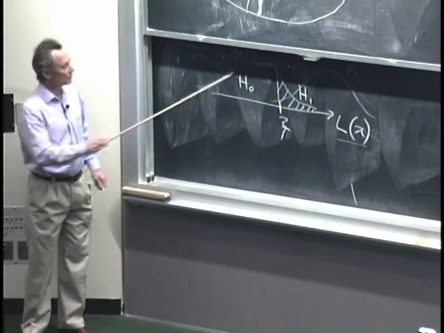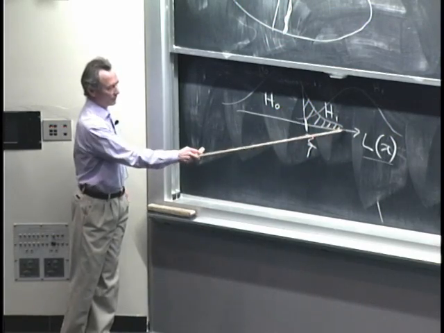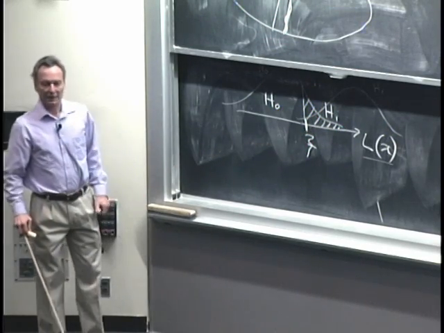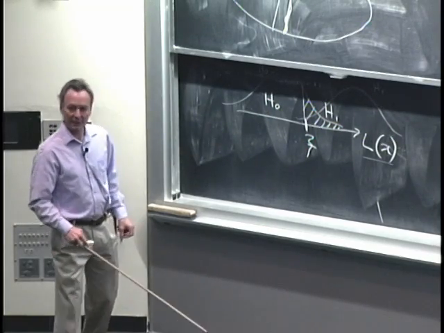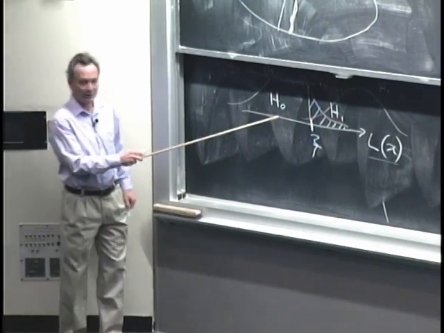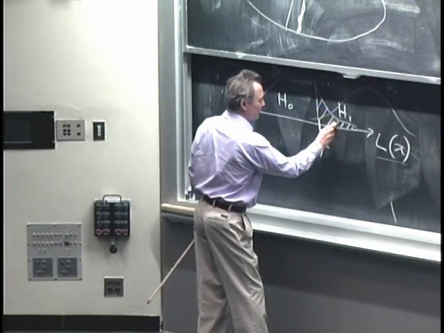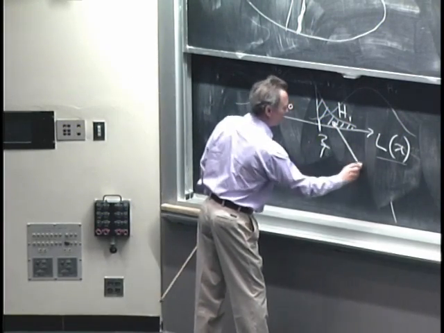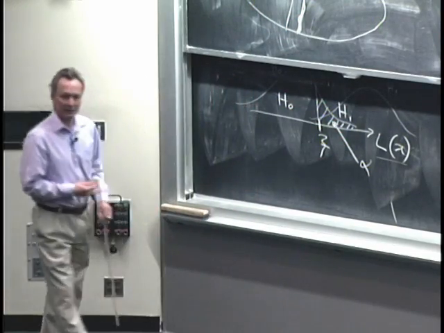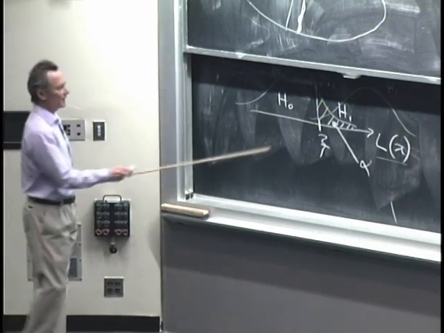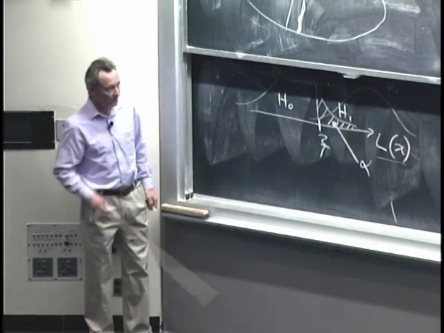If H0 is true, there's still a probability that my likelihood ratio will be bigger than Xi, and that's the probability of making an incorrect decision of this particular type, that is, of making a false rejection of H0. Usually, one sets this probability to a certain number, alpha, for example, alpha being 5%. And once you decide that you want this to be 5%, that determines where this number Xi is going to be.